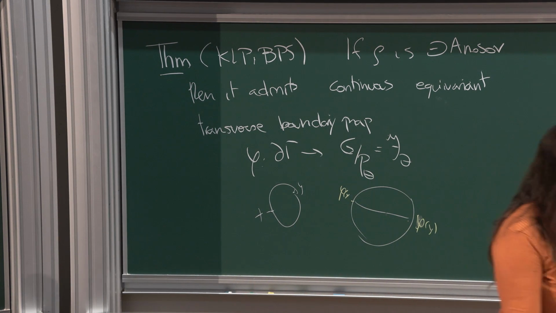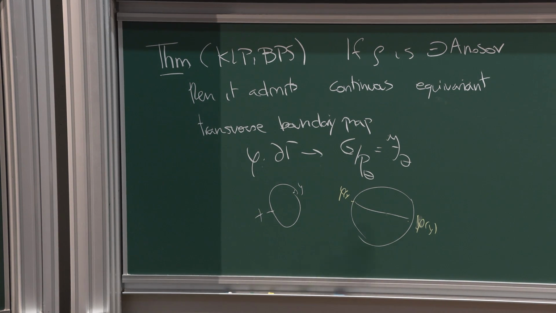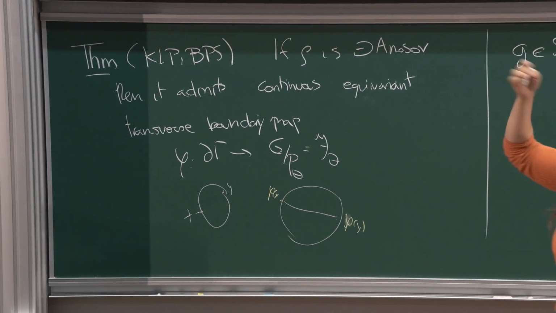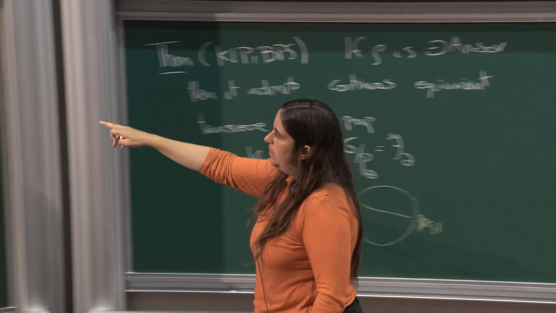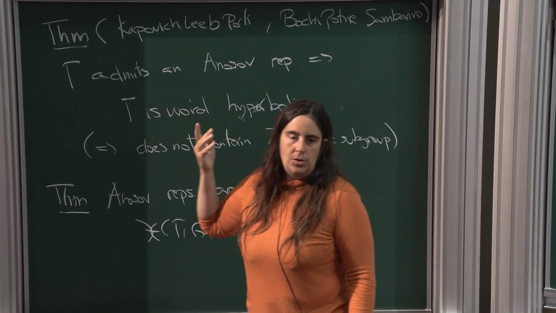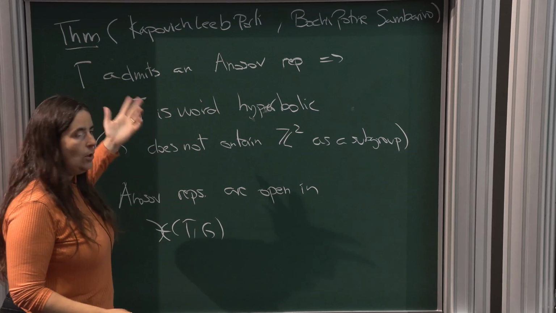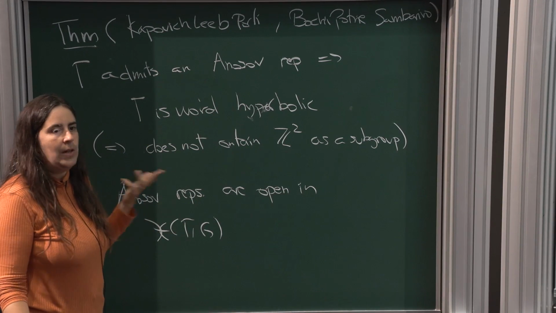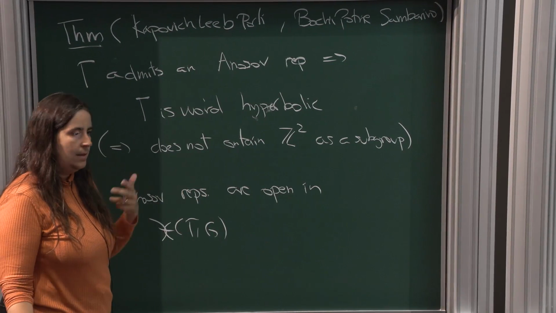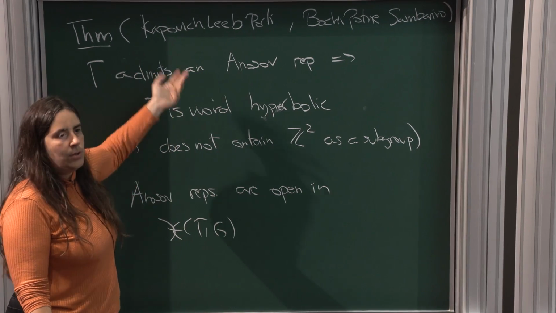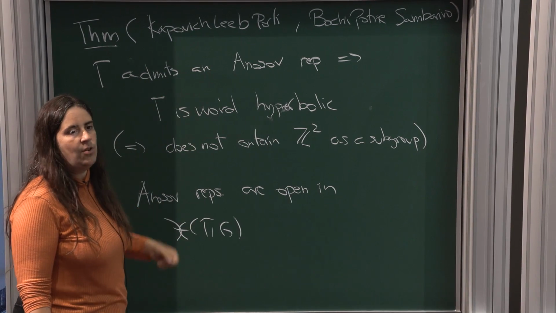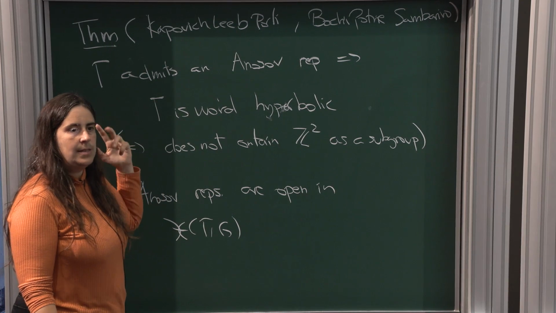So if not, let me tell you a little bit about this. This Anosov condition is very restrictive, but still a rather general condition that holds for many subgroups of Lie groups. And we have a lot of interesting results, from very different flavors, about Anosov representations, of dynamical interest, of geometric interest.